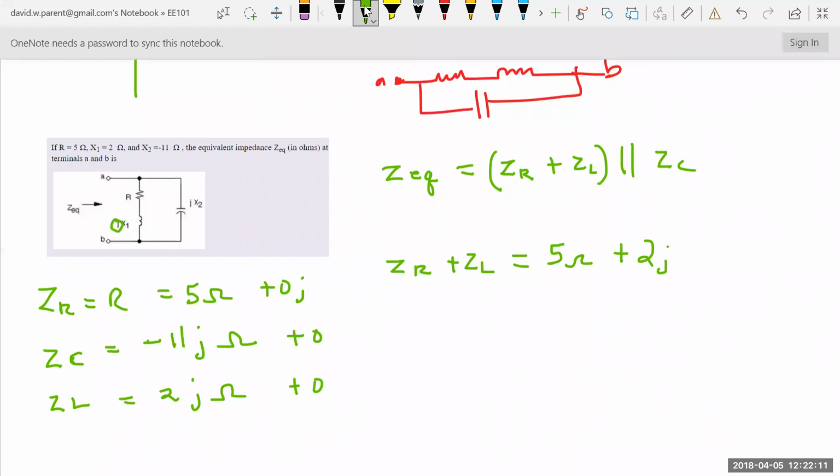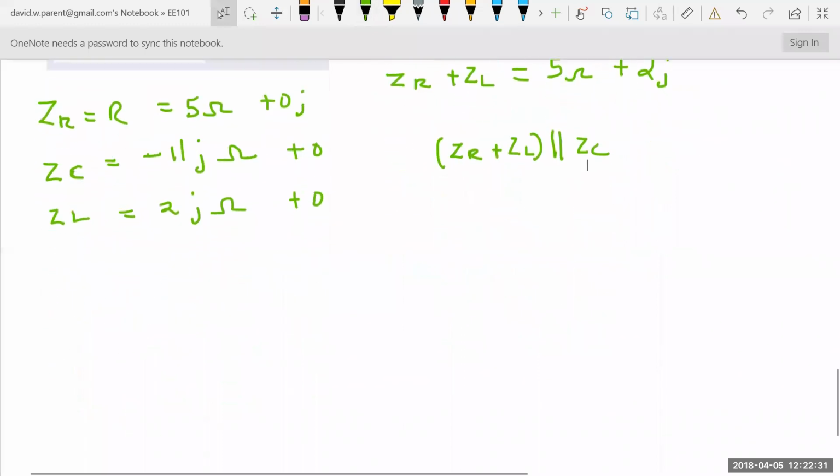Now, that is all in parallel, and we'll just remind ourselves what it is. I'm just going to scroll down. It's all in parallel. All right.